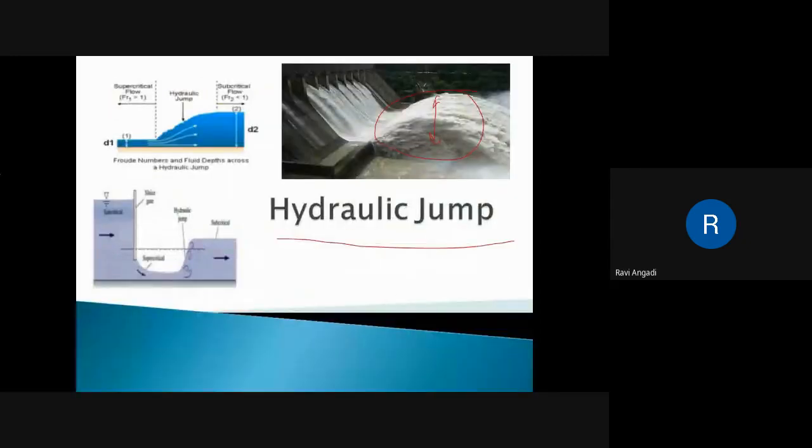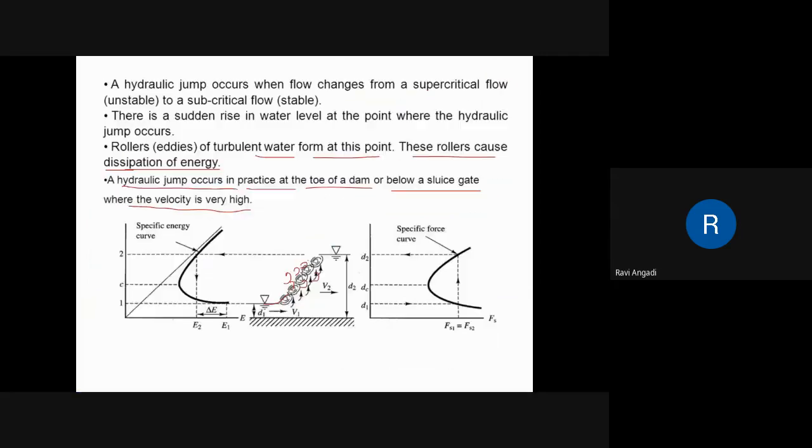This is called the toe, or at the sluice gate here, it takes place. A hydraulic jump occurs in practice at the toe of the dam or below a sluice gate where the velocity is very high.